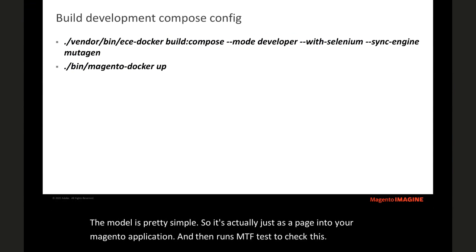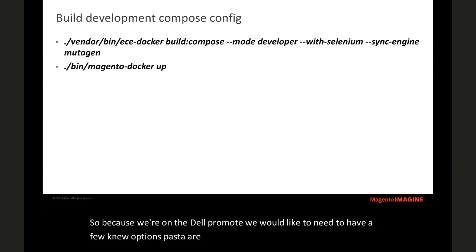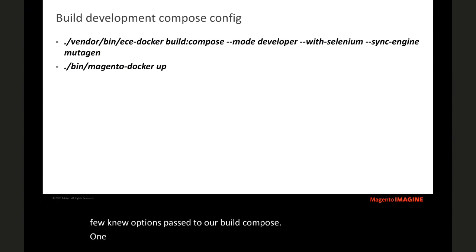Because we are running the developer mode, we need to pass a few new options to our build compose. One is the mode called developer, one is the vSelenium, as we discussed before, and the sync engine. Currently I'm using Mutagen.